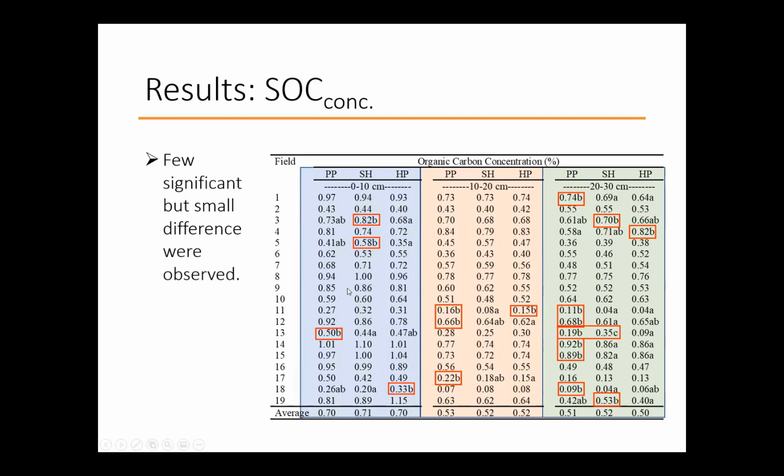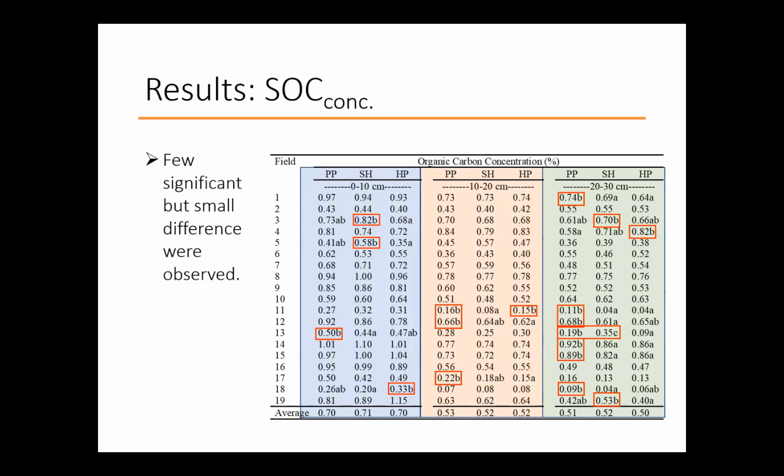But this is in percent, and the difference is very, very small. So it's kind of inconsequential: for 100 kilograms of soil, a difference of 0.05% is 0.5 kilogram of organic carbon.